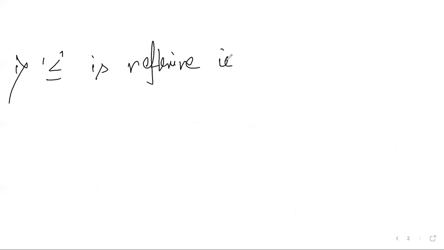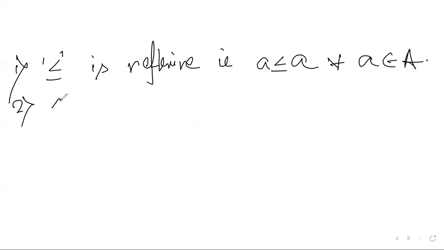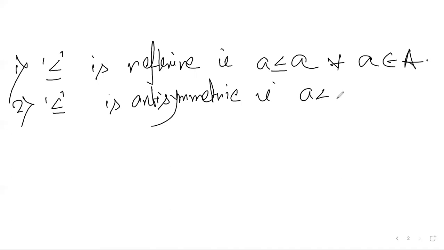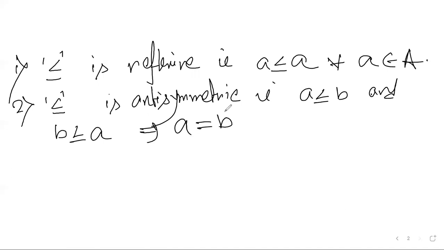That is, a less than or equal to a for all a belongs to A. Then it is antisymmetric. That is, a less than or equal to b and b less than or equal to a implies a equals b. It is my antisymmetric relation.